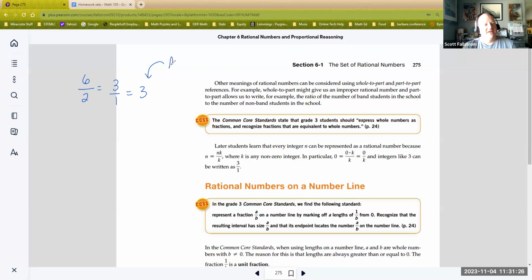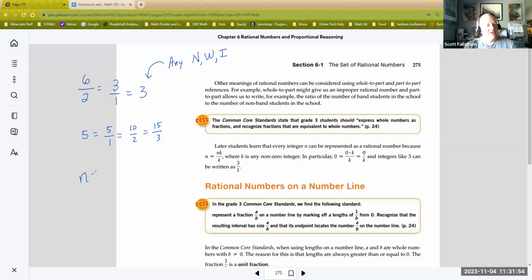So basically, any natural number, any whole number, and any integer can be written as a ratio. Okay, so if you think about the number 5, you could just say, oh, that's 5/1. If you want to keep going, you could say, hey, that's actually 10/2. Hey, that's actually 15/3. And all of those represent the same thing.